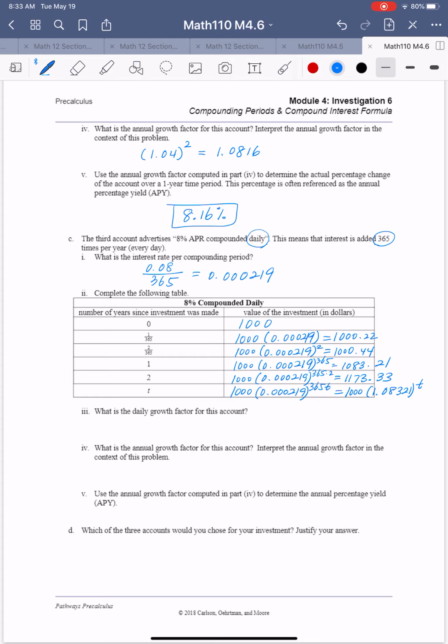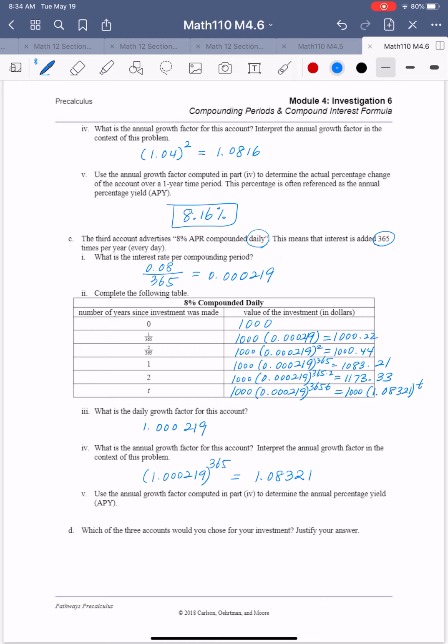So what is the daily growth factor for this account? The daily growth factor was 1.000219. And then what is the annual growth factor for this account to interpret the annual growth? Which is going to be 1.000219 to the power 365, which comes out as 1.083321.